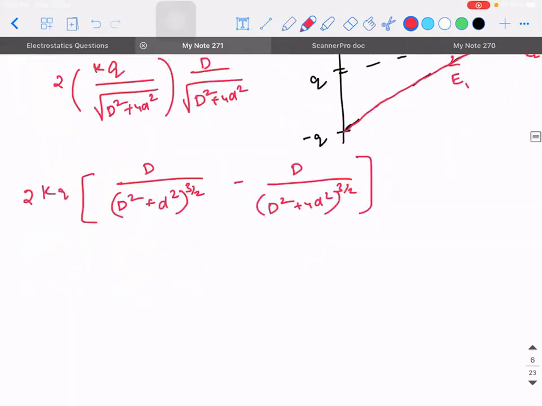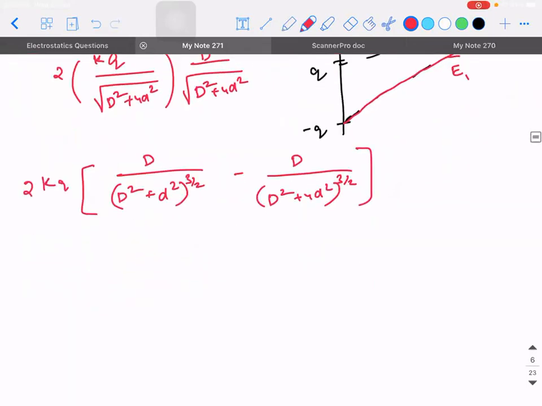Now, to do the approximation, what can we do? See, this D square plus d square can be approximated to D square. That's not an issue. But what will you do for D square plus 4d square? Because you cannot say that is approximately 0.